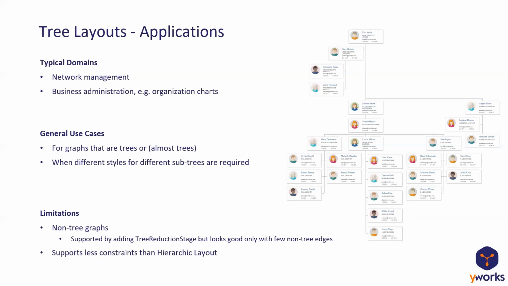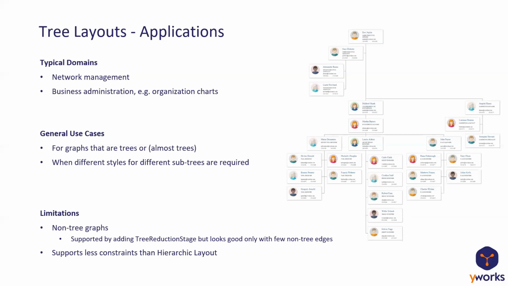For the limitations of the tree layout, of course, the obvious limitation is that it's not well suited for non-tree graphs. It can actually be applied to them, but you need to add another helper stage. What it does is that it needs to remove the edges which are violating the tree structure to again have a tree.